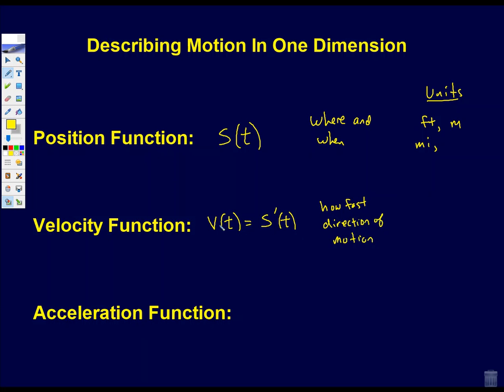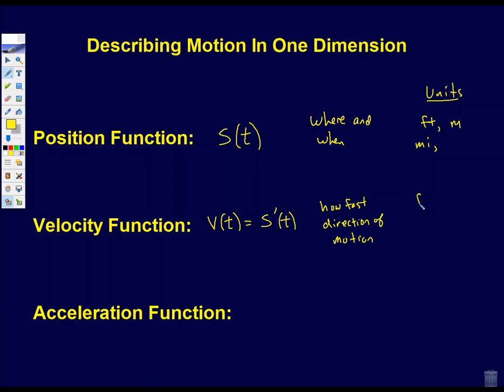Because if I get a positive number for this velocity value, the particle is moving away or forwards away from where it was. And if the velocity gives a negative number, the particle is moving in the other direction, to the left.